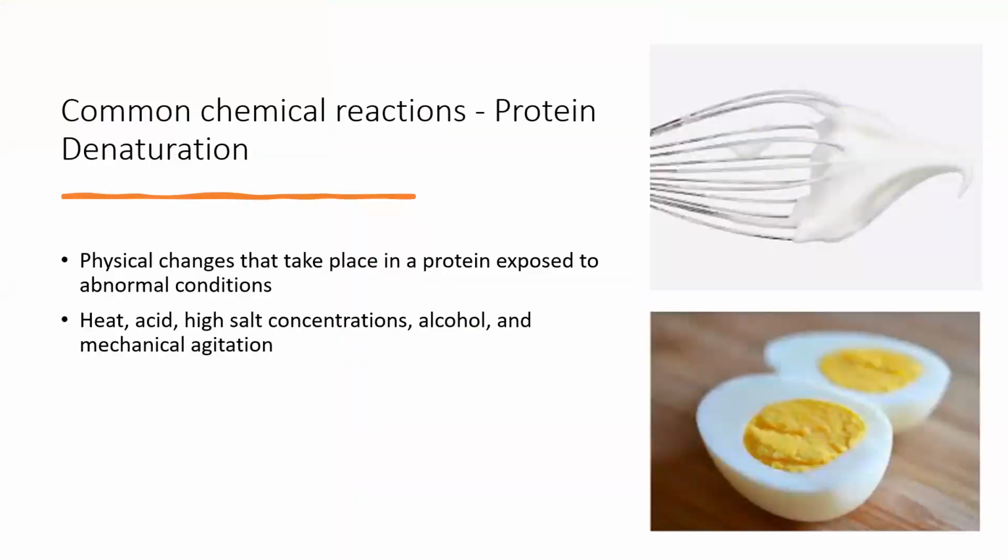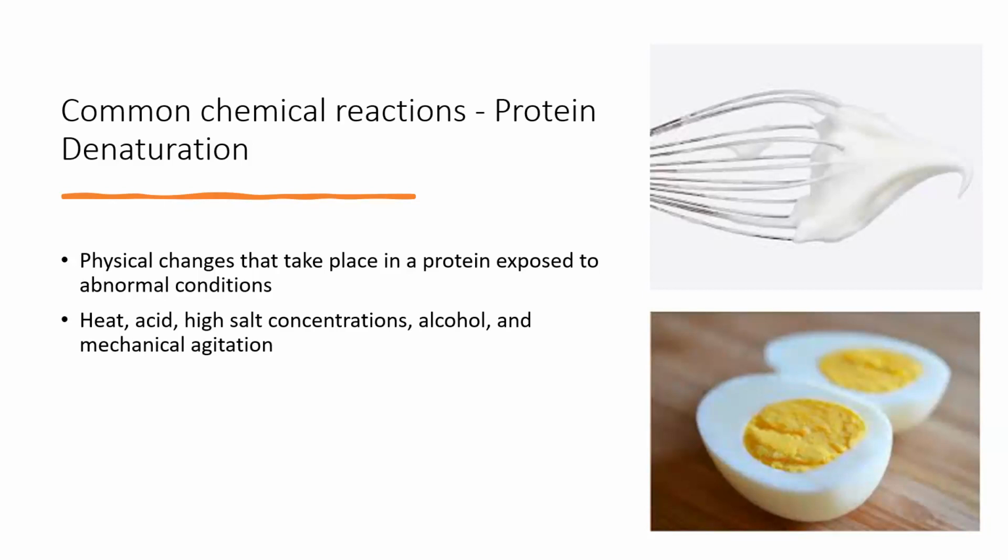Next one is protein denaturation. That's the physical change that takes place in proteins exposed to abnormal conditions, for example heat, acid, high salt concentrations, alcohol, and mechanical agitation. A simple example is when you make an egg, either fry it or boil it: you're applying high heat to the egg to make the protein denatured.